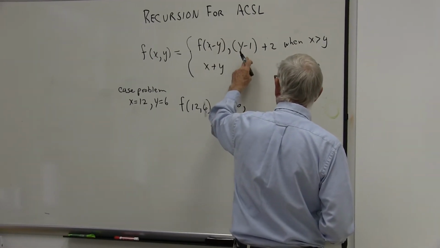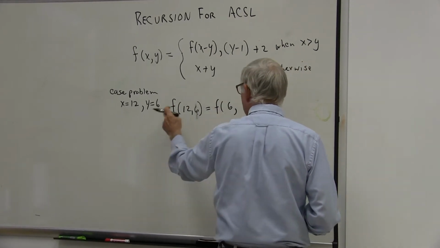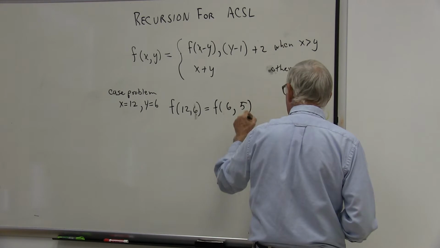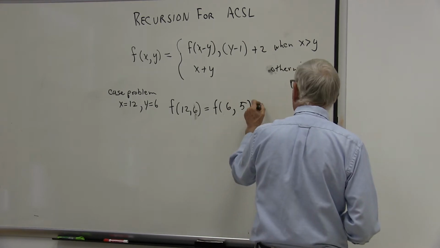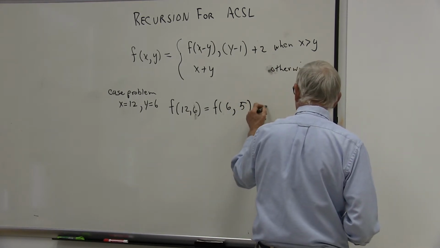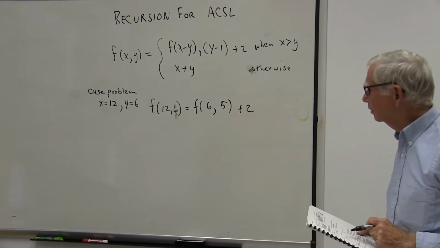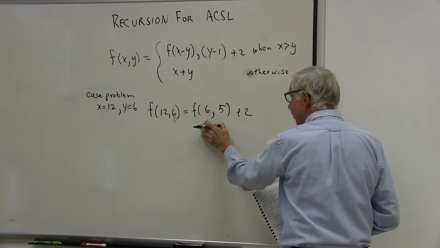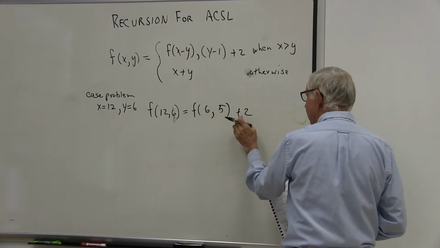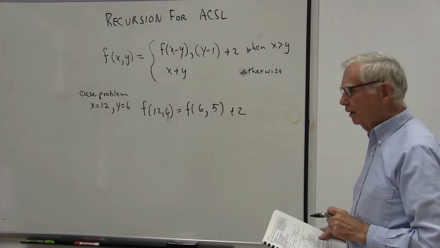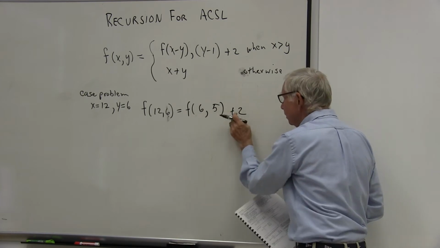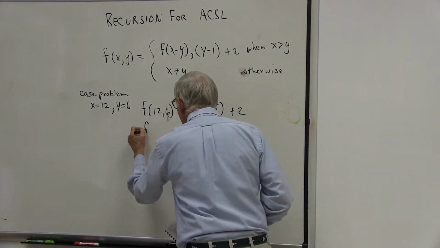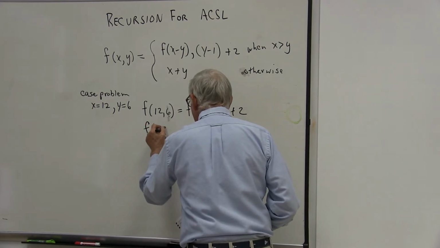And the second coordinate for the function would be y minus 1, so y is 6, minus 1 is 5. So this would be function 6, 5, plus 2. So basically, this function is defined by a rewrite of the function with new values, plus 2. Okay? If we know what the value of this function is, then we can solve this problem, but we don't. So now we have to find out what the function of 6, 5 is.